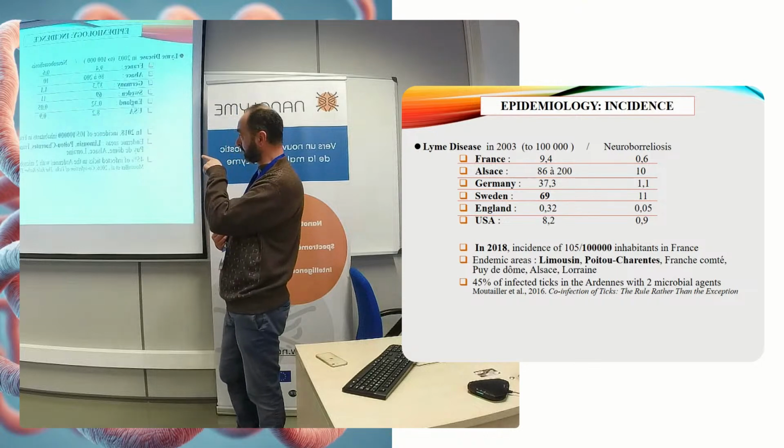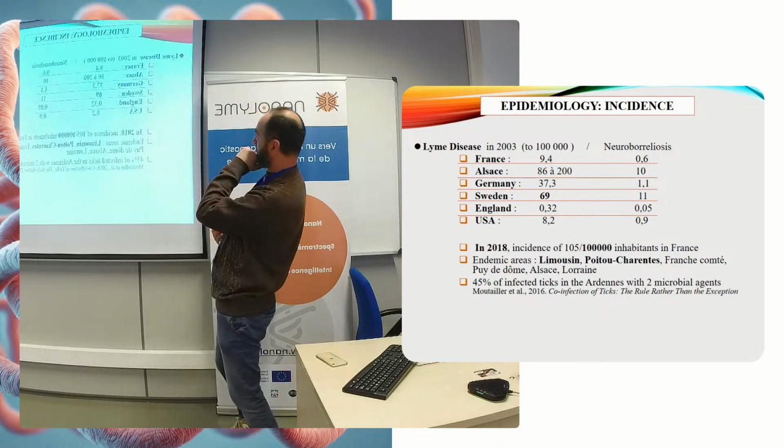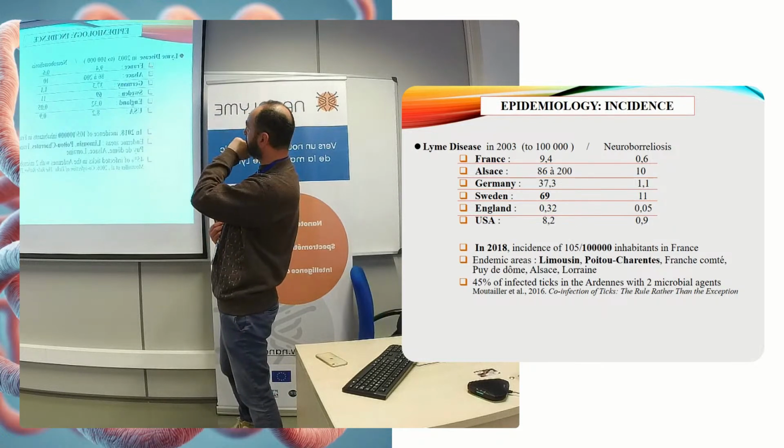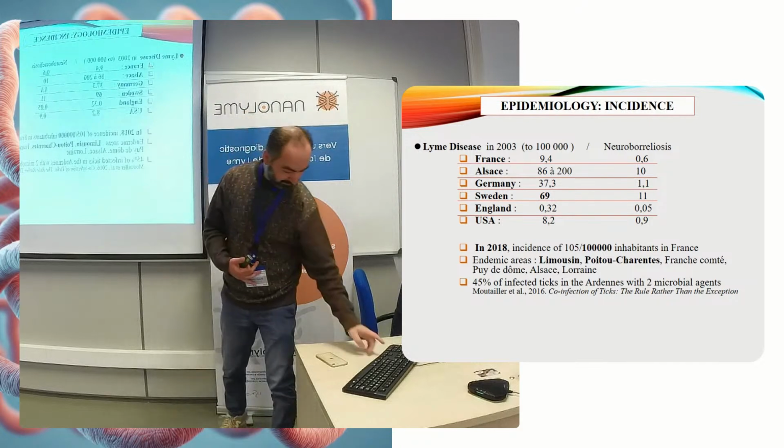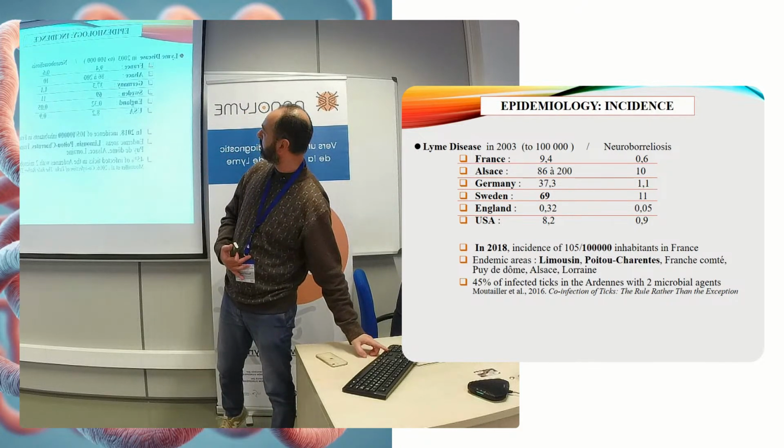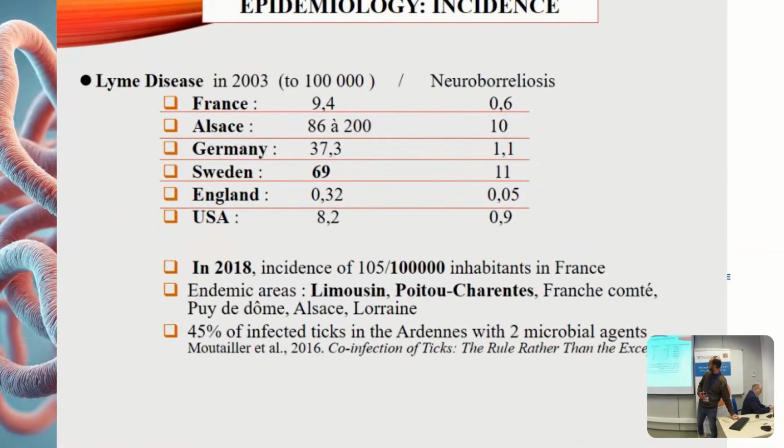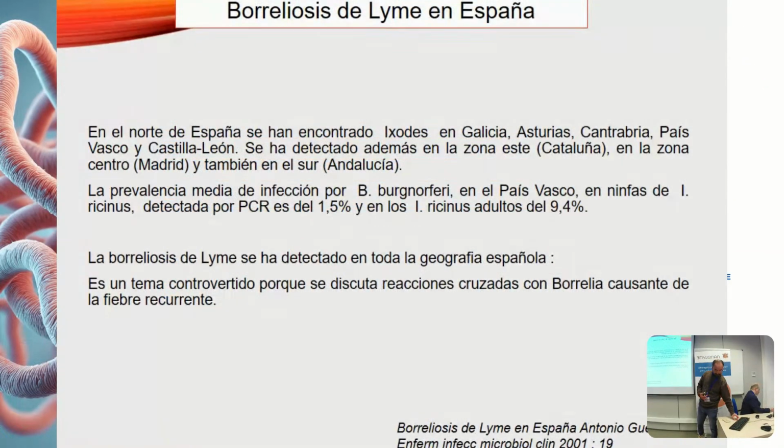We will see in France, this one is from 2003, the incidence of Lyme disease. And in Spain, you can see all the regions of Spain have cases of Borrelia, and it shows the incidence and the presence in the tick Ixodes ricinus in this study.